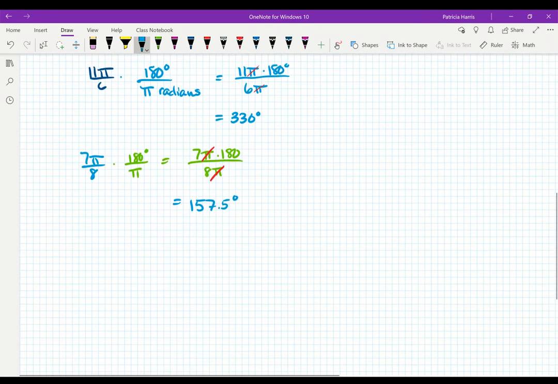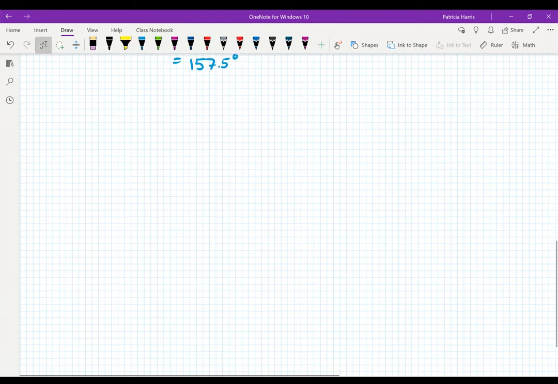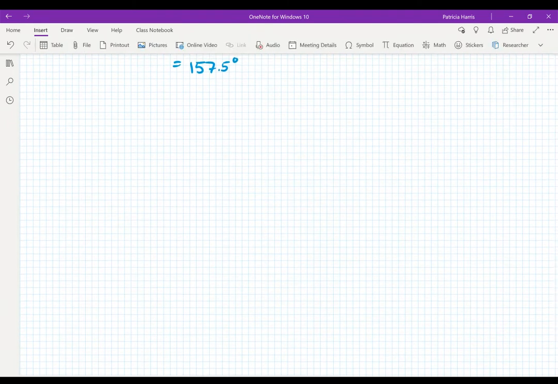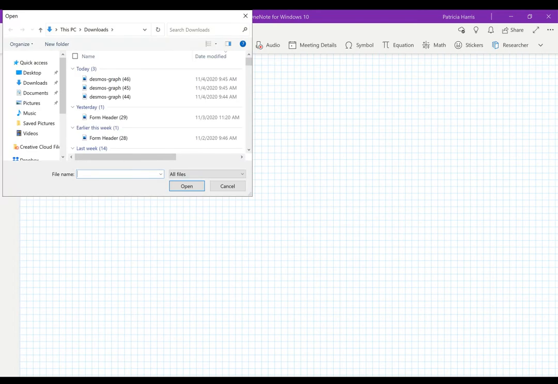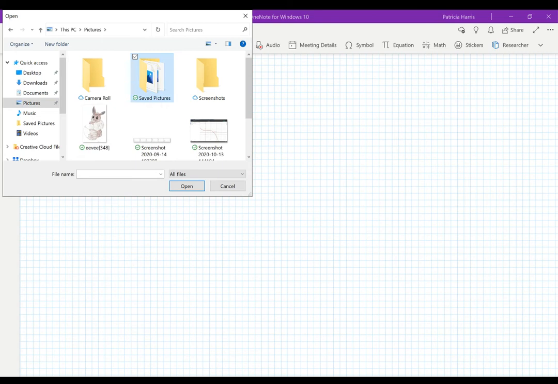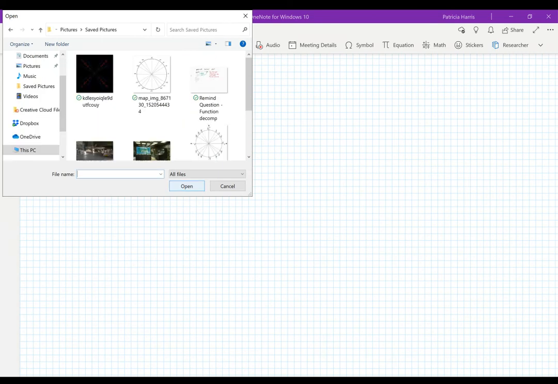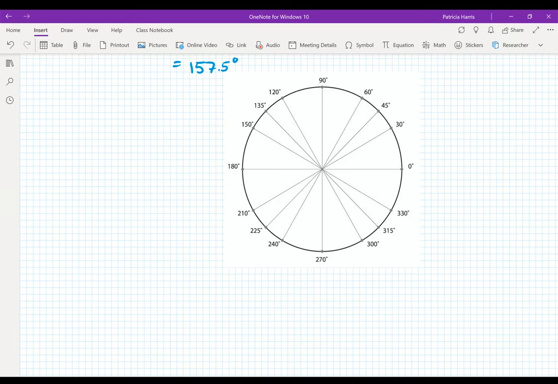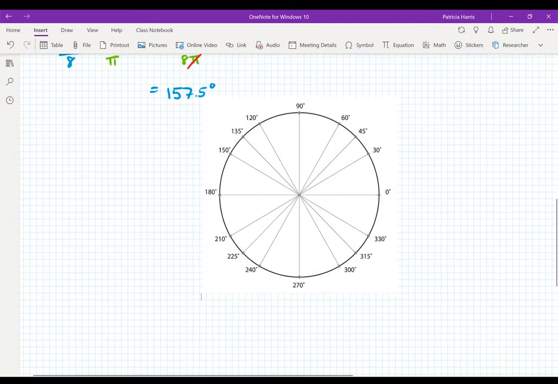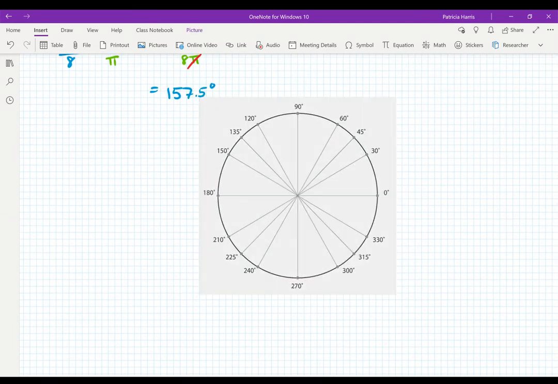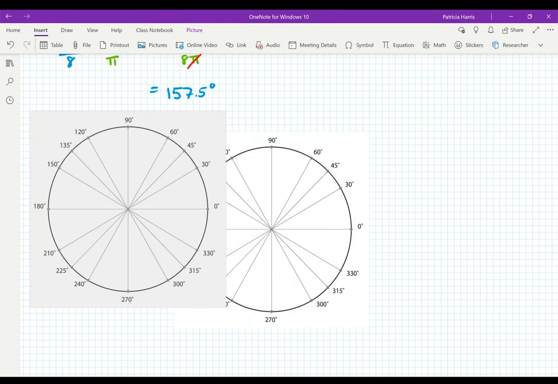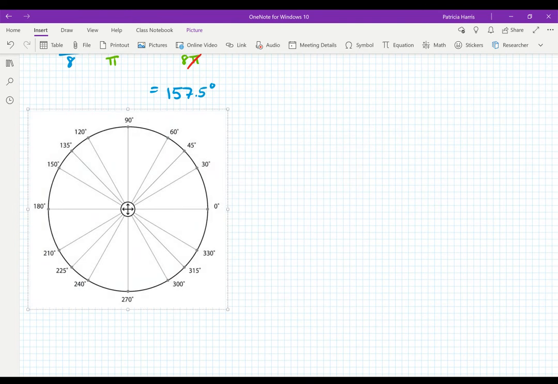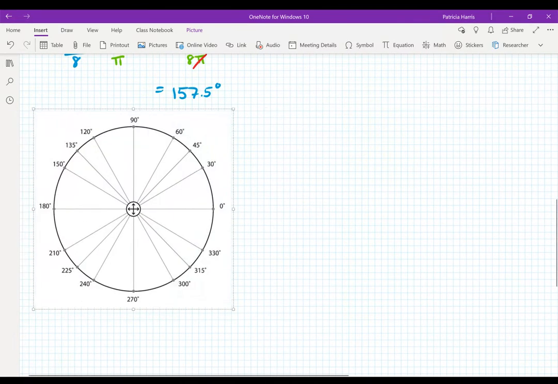So let's get some pictures for you. This is our unit circle with just degrees, like that. Let me get you another picture.